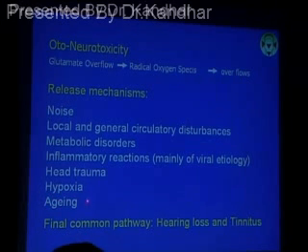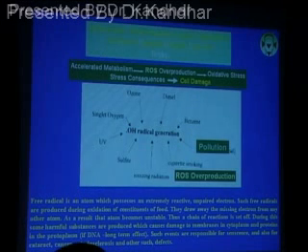Now when we talk about aging, this is a very important theory which we today accept, the free radical molecule, based on which today we prescribe, not only for this but for so many other conditions, antioxidants.